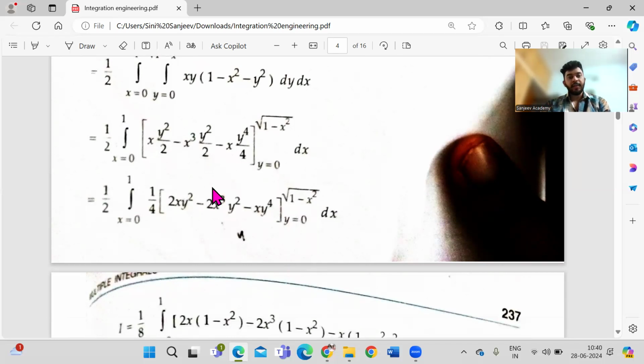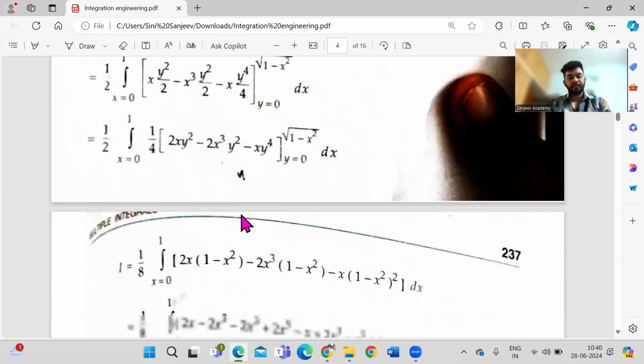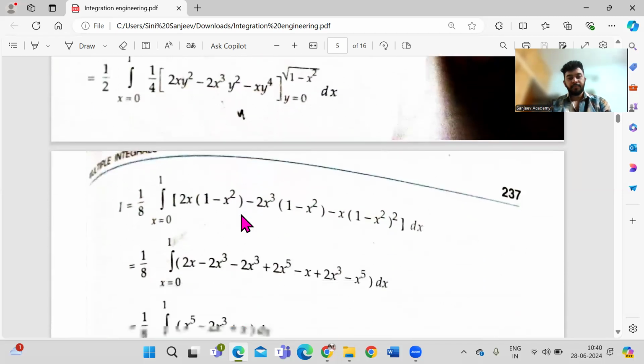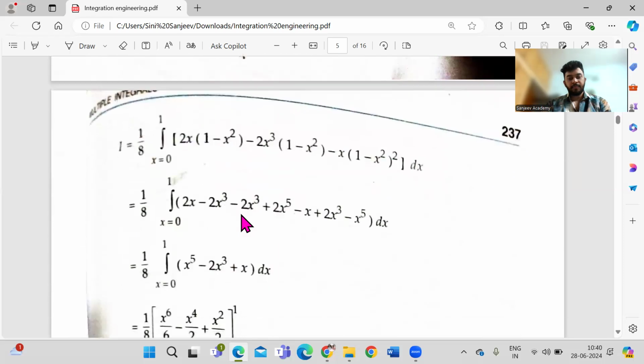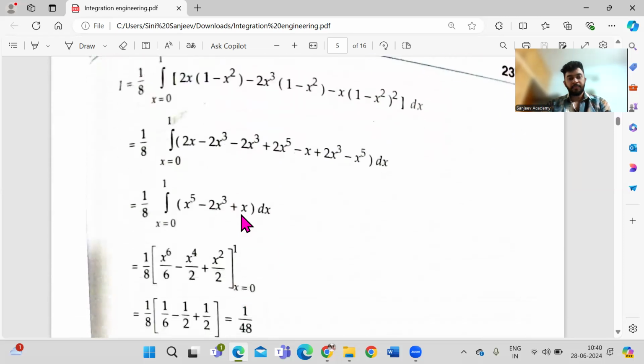So pause it and try doing the same. Then only you'll be getting the desired answer. So you can pause it on this. Yeah, this page also. You can pause it and you can check it out.